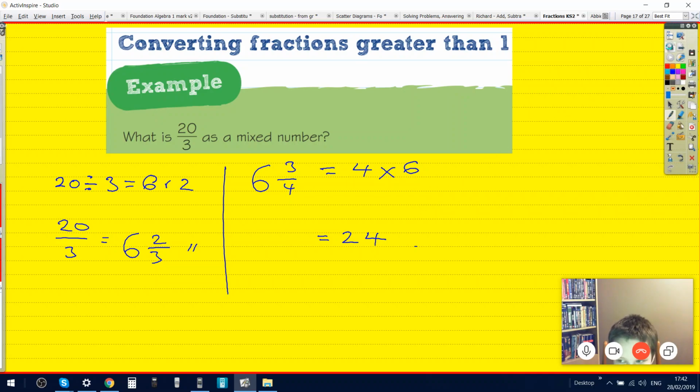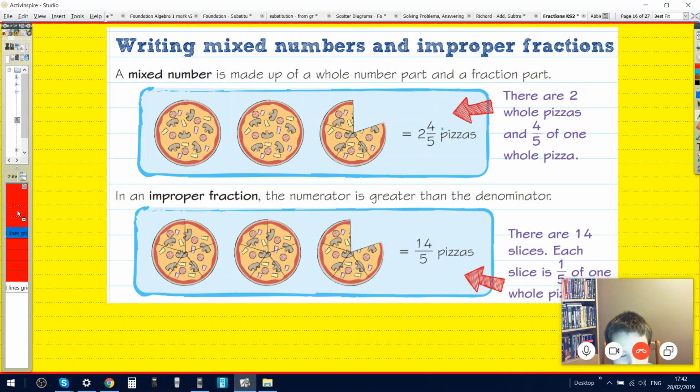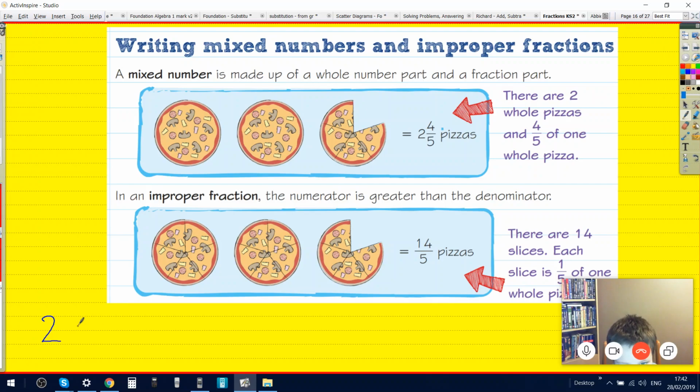If we go back to this diagram, what would you do with this one? 2 and 4/5. Well, you would do 5 times 2, which is 10. And so we know our answer is 14.